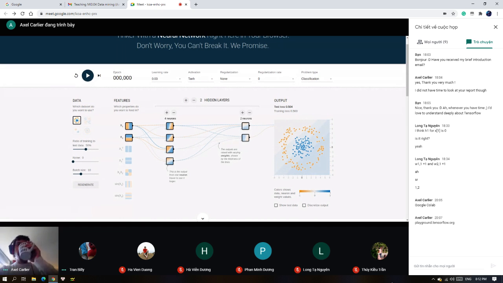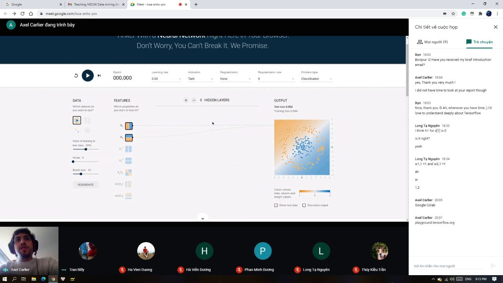Okay. For now, what I would like to do is to have a very, very simple neural network with no hidden layers. So I have two input data, and one output. And this is exactly what we have discussed yesterday.